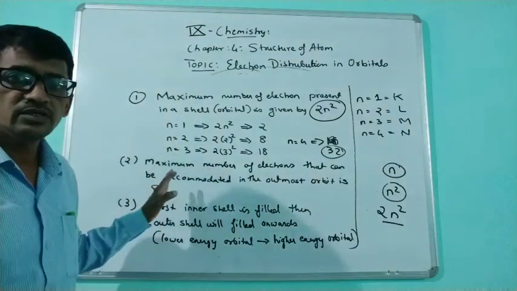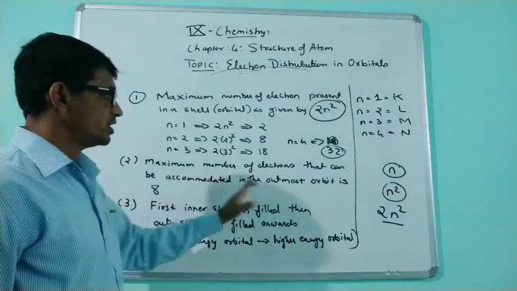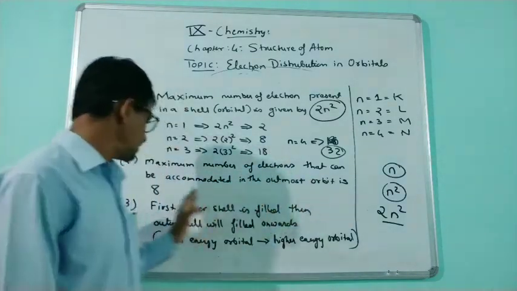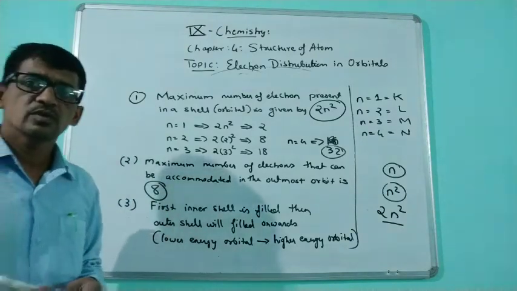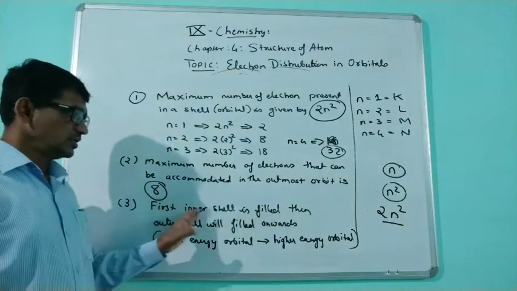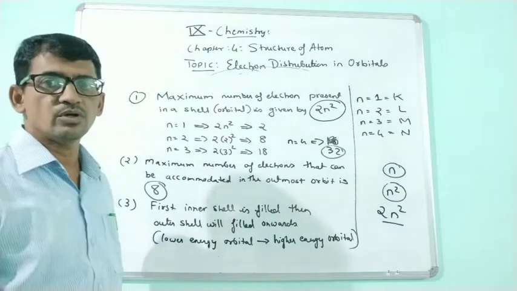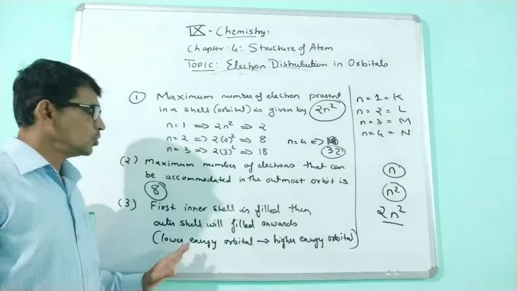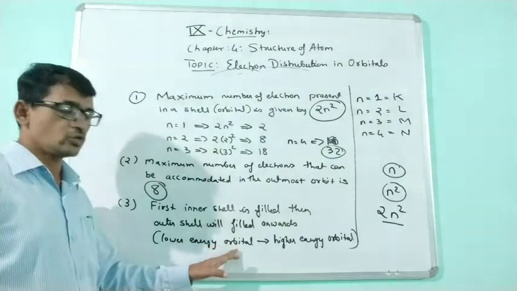Second rule related with this: the maximum number of electrons that can be accommodated in the outermost orbit is 8. In the outermost orbit, maximum 8 electrons can be filled. Third rule: first the inner shell is filled, then the outer shell is filled onwards, depending upon energy. In short, lower energy electrons first enter the lower energy orbital.